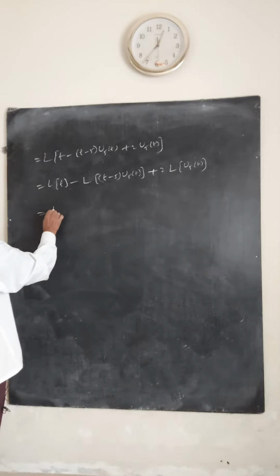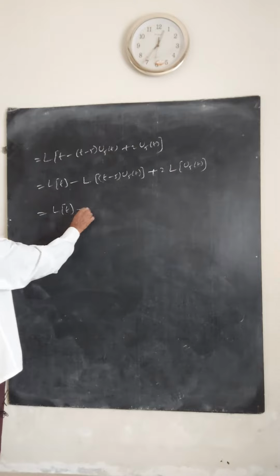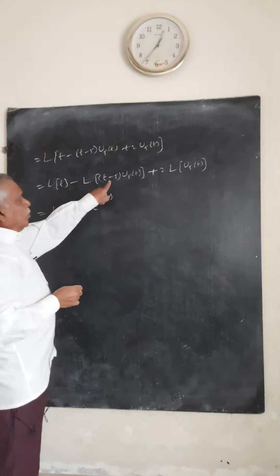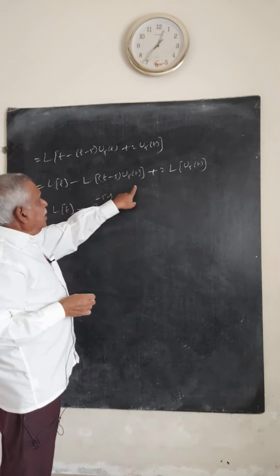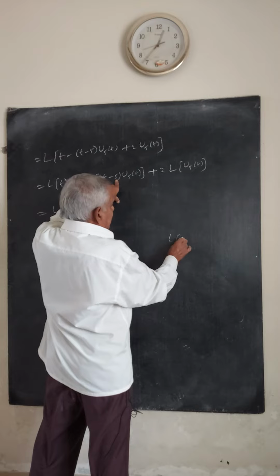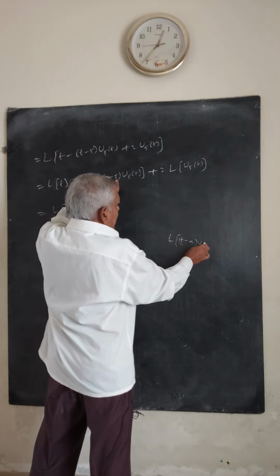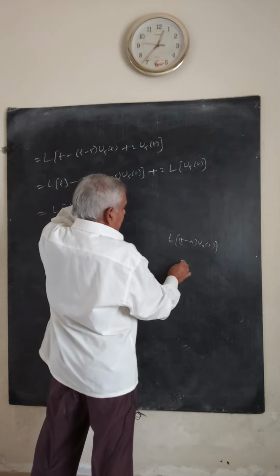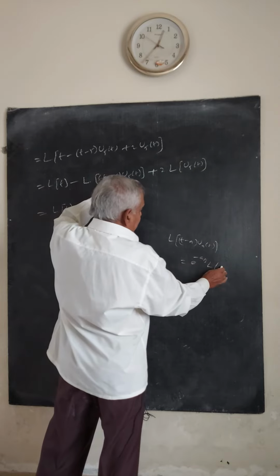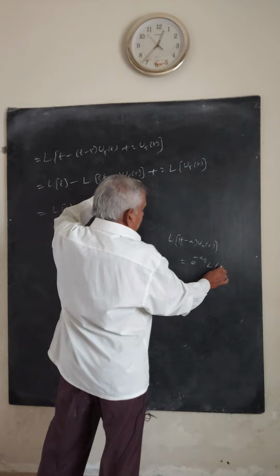L of t is L of t, here e power minus 5 s. We have used the formula: L of t minus a u of a t equal to e power minus a s L of t.